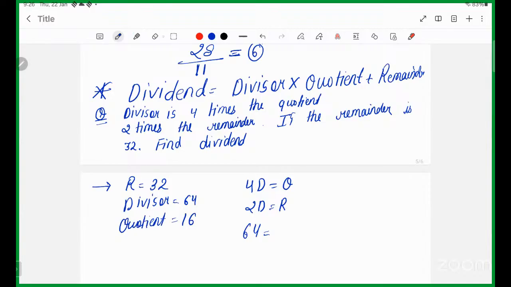So just solve it. Now it will be 64 into 16 plus 32. 64 times 16 is 1024, plus 32. So it will be 1056.